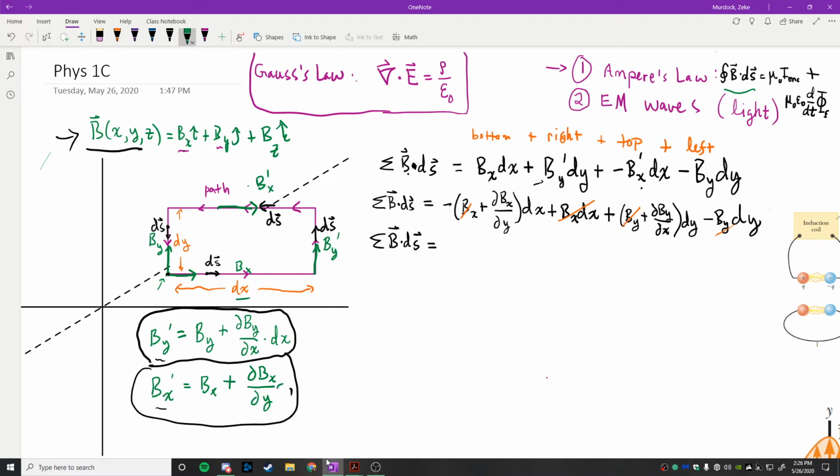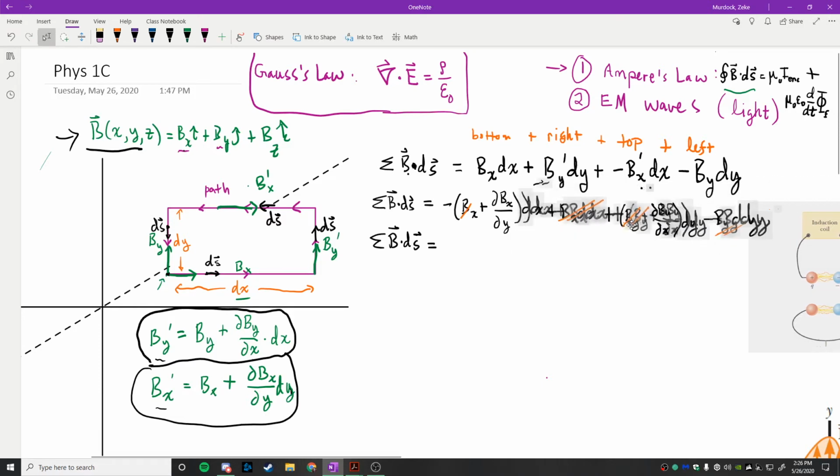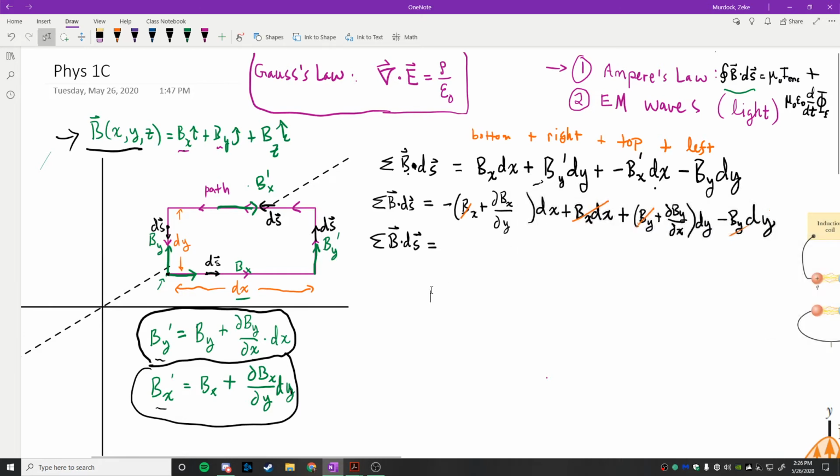Being sloppy. There should be a dy right here, right? And I left it out right there. Let me see if I can shift over these terms and make some room here. Nope. Can I shift those over? Yes. Oh no, I actually did it right the first time. I actually want the parenthesis. My bad. Okay, grab those guys, shift it over a little bit. There we go. There should have been a dy right here.